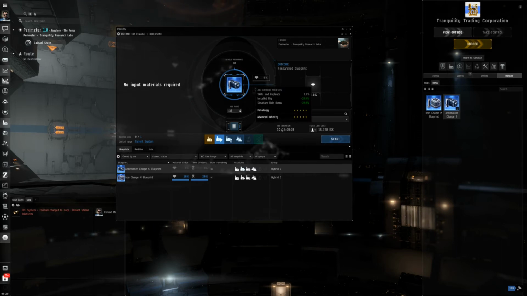Job duration is improved by installed rigs and the structural role bonus, so depending on the facility, but also by skills, in this case metallurgy and advanced industry, which is not available for alpha clones, but there is a possibility to improve the job duration.